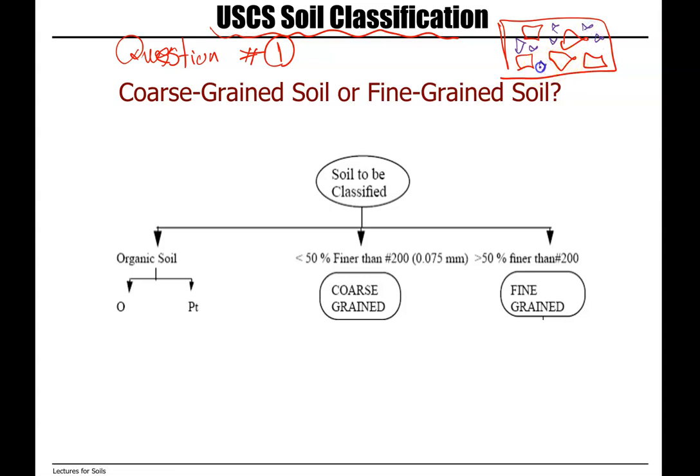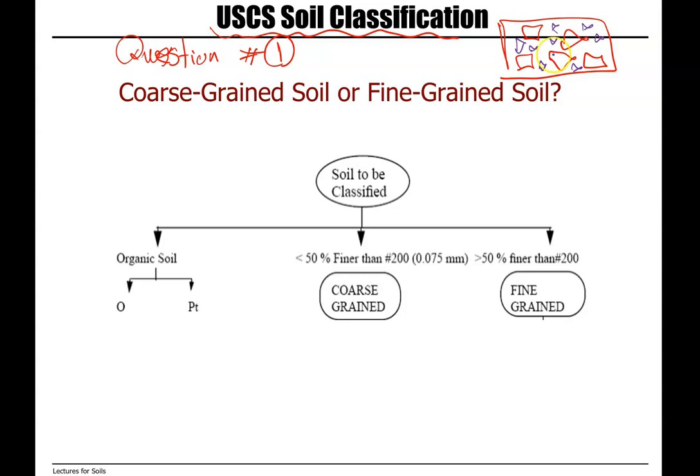The first thing that we need to look at is which one do we have more of? Do we have more than 50% coarse material or more than 50% fine? That is question number 1, step number 1 for USCS soil classification.